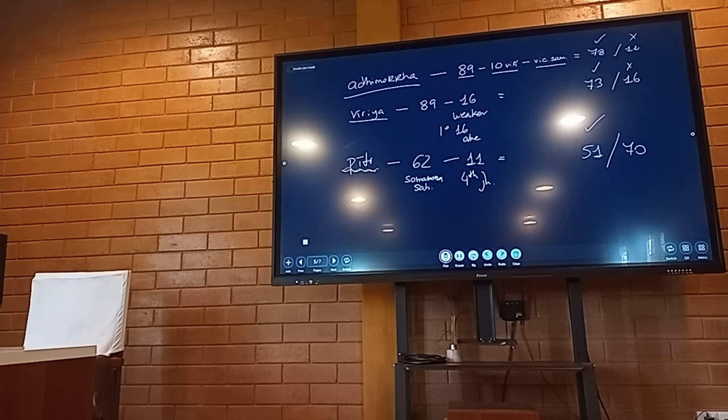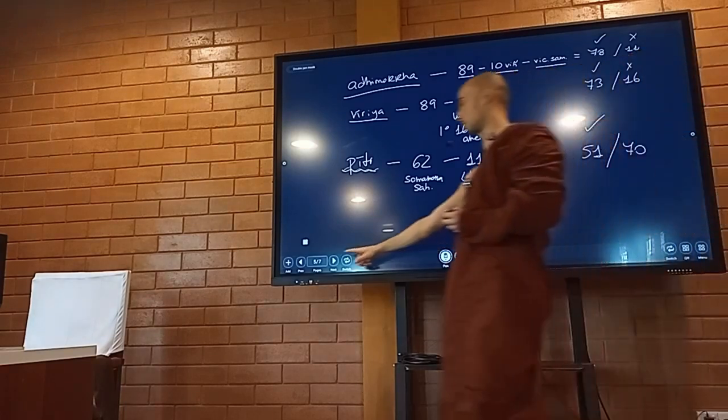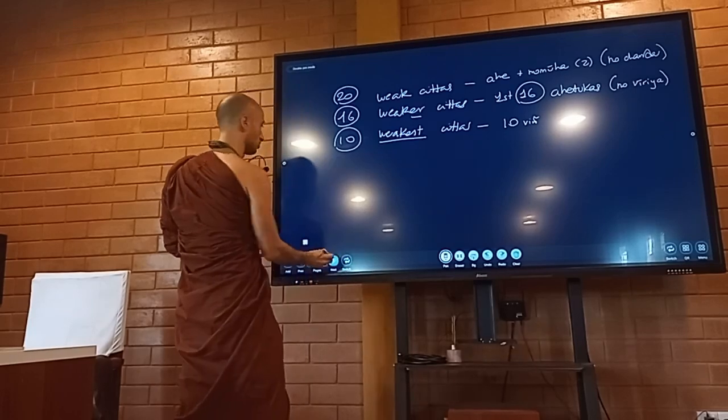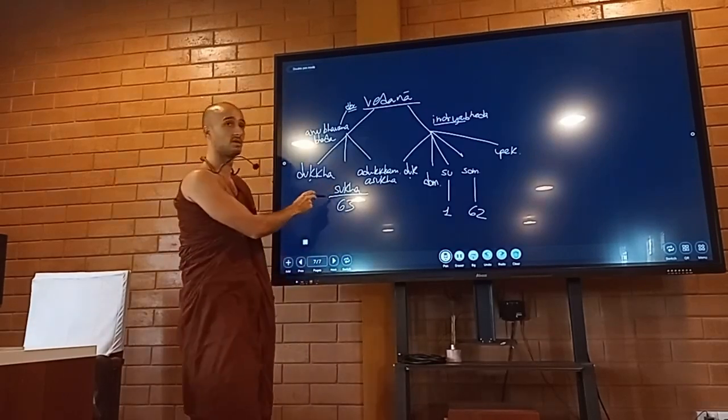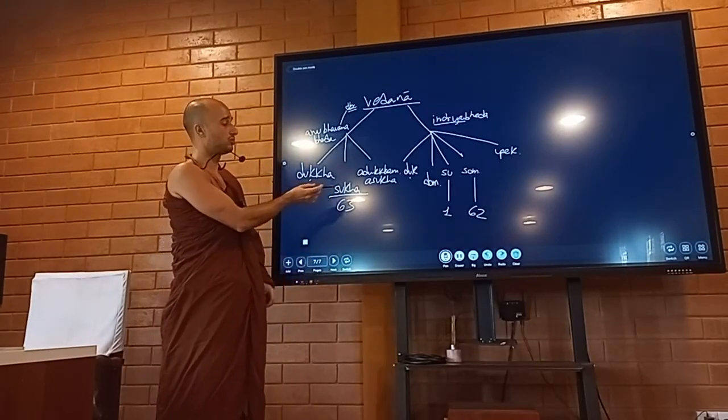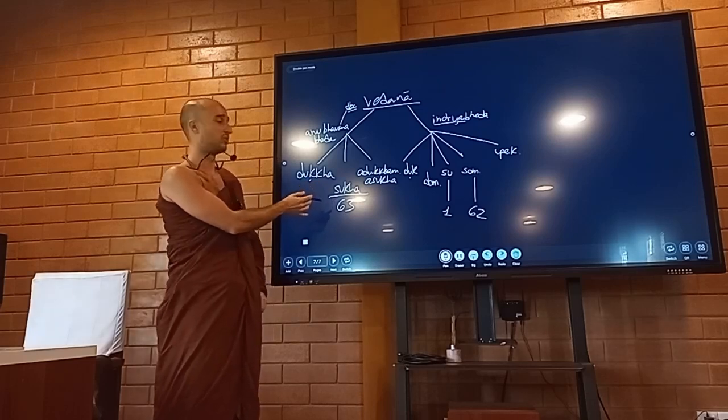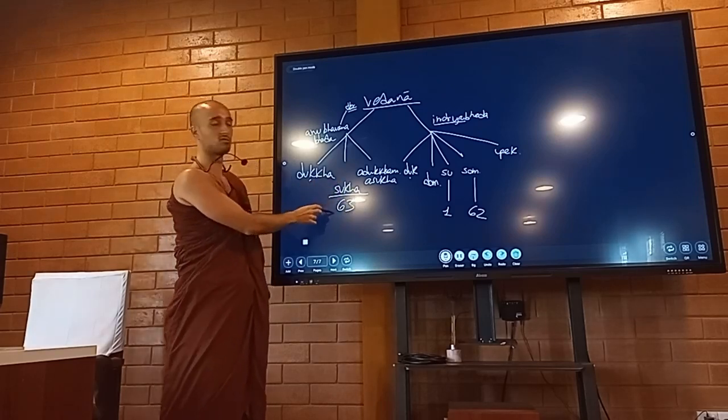The first jhana has the Somanasa. Remember, in the jhana the Somanasa is called Sukha. Be careful with that. The Sukha in the jhana is not this Sukha. You could say it's Sukha, but it's not in the Indriya Bheda, which includes the Kaya Vijnana.